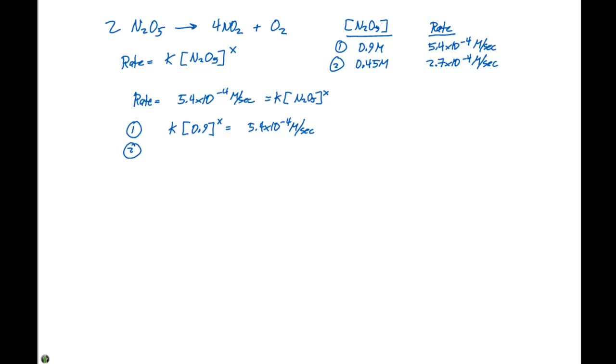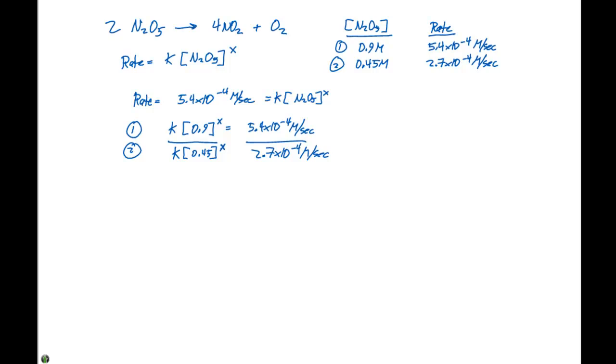If we set up a proportion with our second data point, we have k times the concentration of N2O5, which is 0.45 molar, also to the x power, is going to be 2.7 times 10 to the minus 4 molar per second. The reason we set up this proportion is because we need to see how the concentration of N2O5 is changing with the rate.